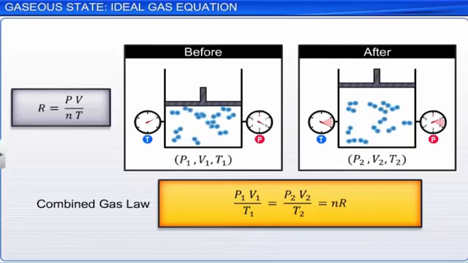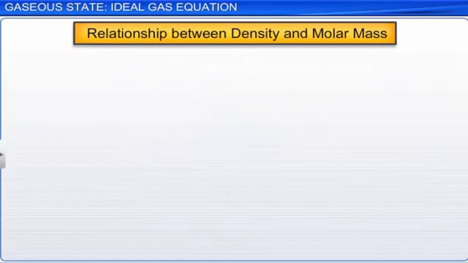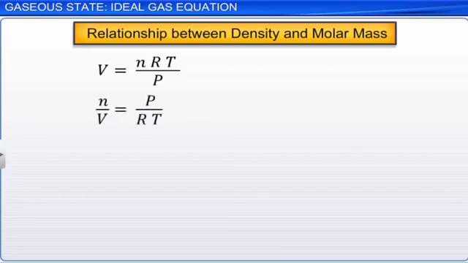To understand the density and molar mass of a gaseous substance, we have to rearrange the ideal gas equation to N divided by V is equal to P divided by R into T. On replacing the number of moles N with mass of the gas m by M, we get the equation m divided by M into V is equal to P divided by R into T, where M is the molar mass of the gas.